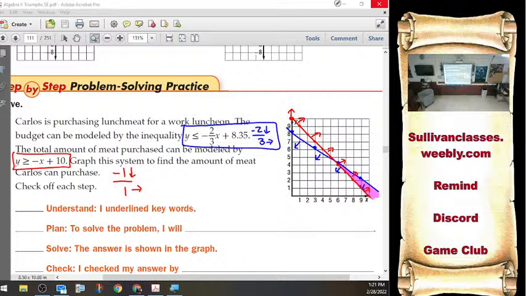Y'all are too off task. Okay. Say someone's going to buy a bunch of ham and turkey and salami and stuff for a lunch potluck. Here's my budget. My budget says I can't spend more than that yellow line. But then the amount that you can actually buy is everything above the blue line.